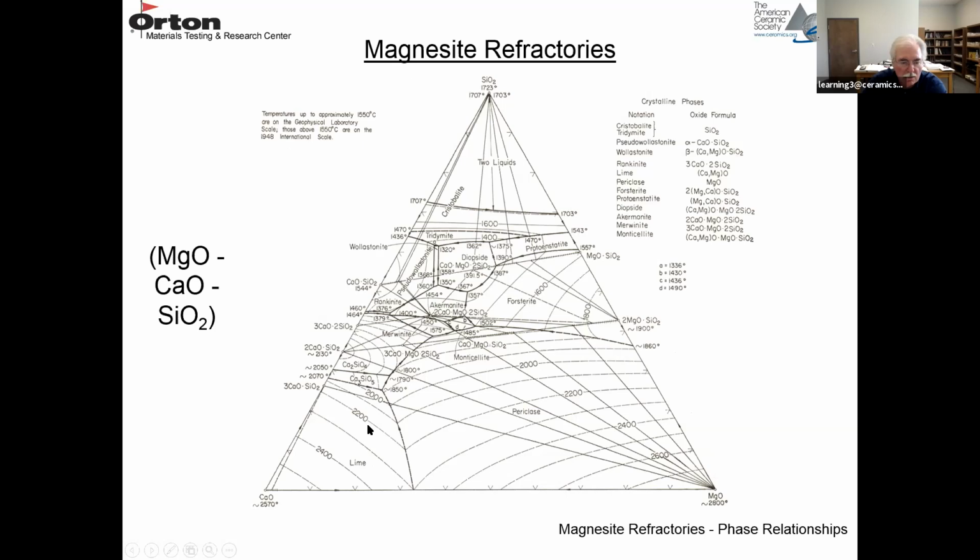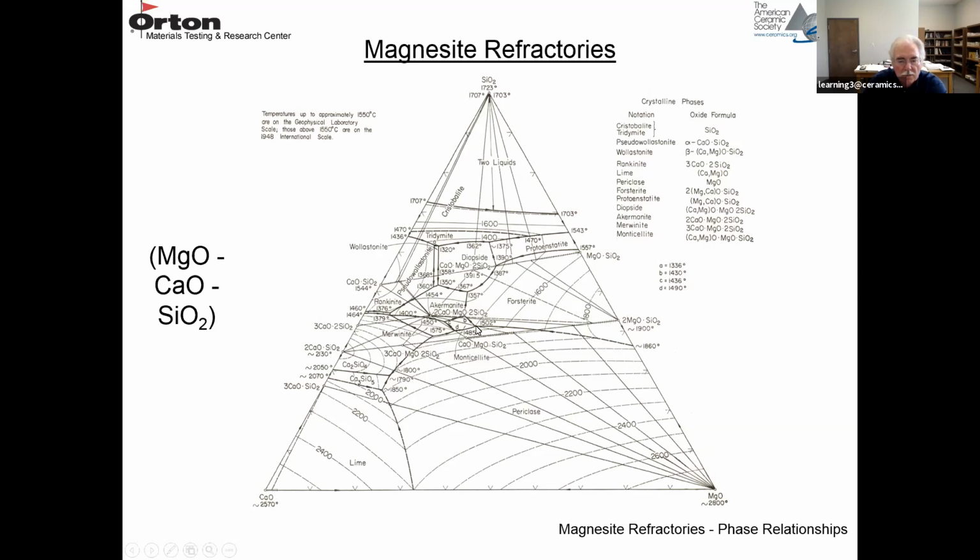There's lime, tricalcium silicate, dicalcium silicate, merwinite, which is 3CaO·MgO·2SiO2, a calcium magnesium silicate. There's monticellite, which is CaO·MgO·SiO2, another calcium magnesium silicate, and then forsterite, which is the 2MgO·SiO2 material.